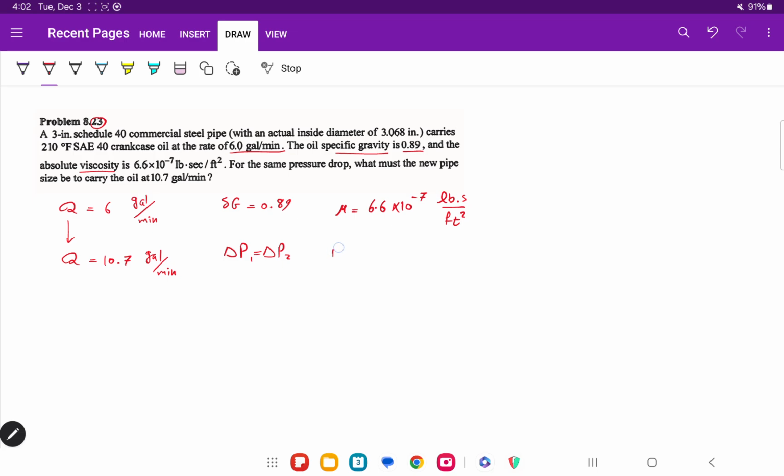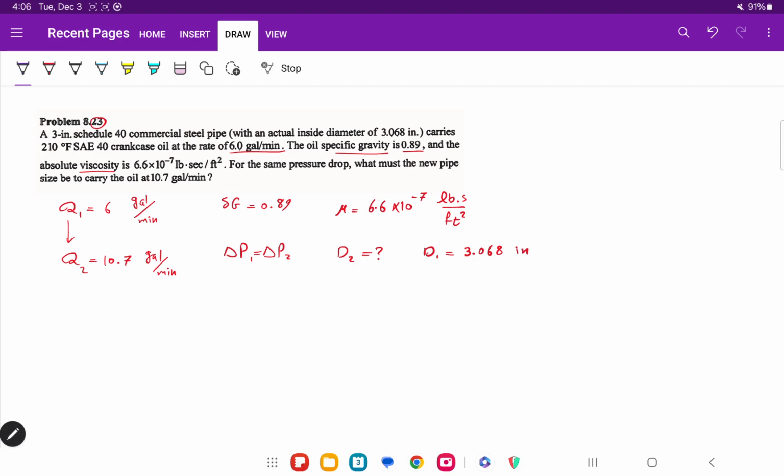So we should find the new diameter, D2. Let's call this Q1, Q2, delta P1, delta P2, D2. Since we have D1, we should find D2, while we know D1 equals 3.068 inches.